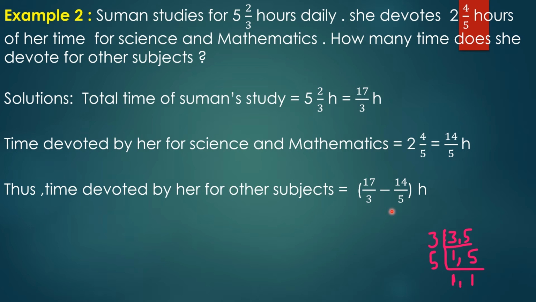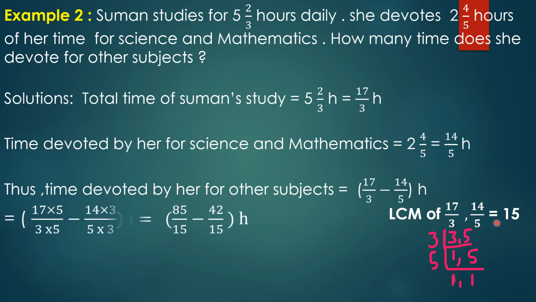How to do the subtraction? Here the denominators are different. Denominators are different means these two are unlike fractions. Therefore, this needs to be converted into like fractions. Therefore, find the LCM of 3 and 5. So, LCM is nothing but 15.